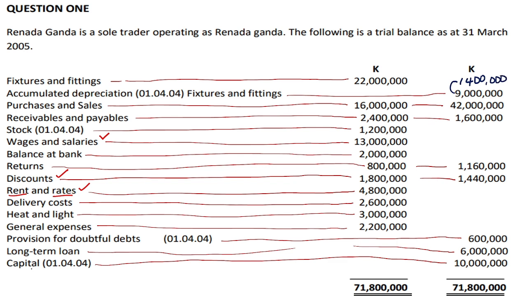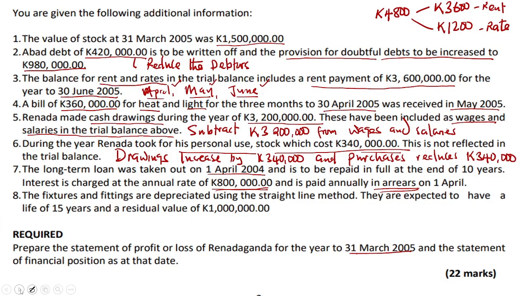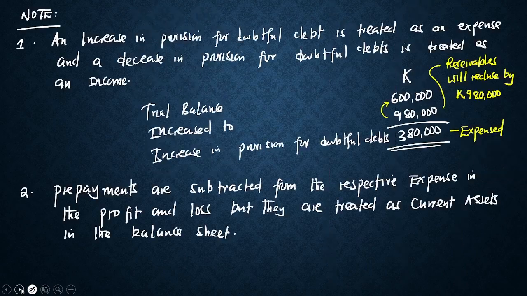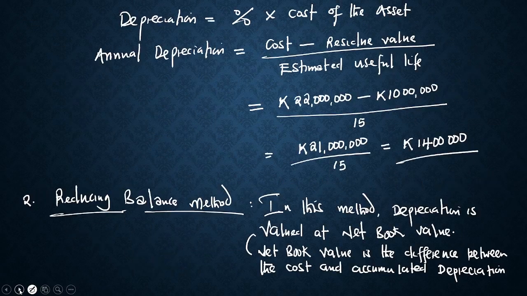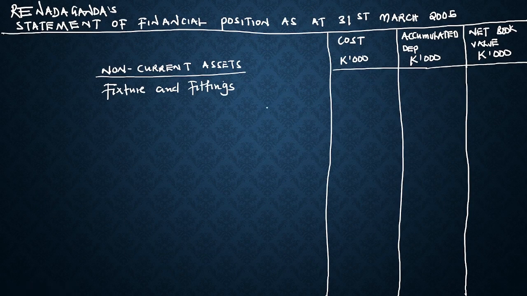That's one. Okay. What would be the answer? 14 plus the 9? It's 10.4. That's 10.4.